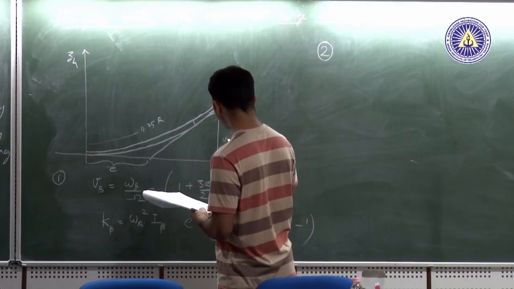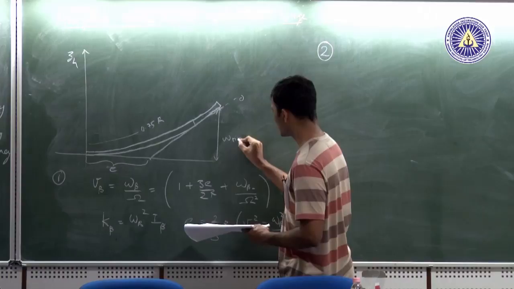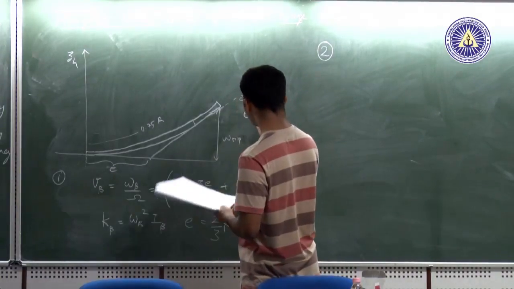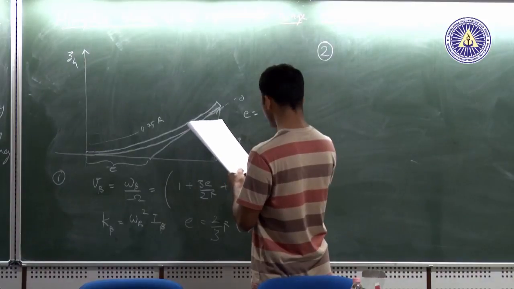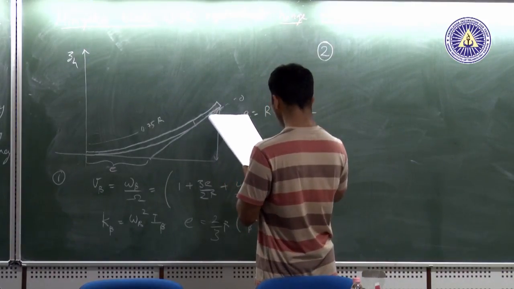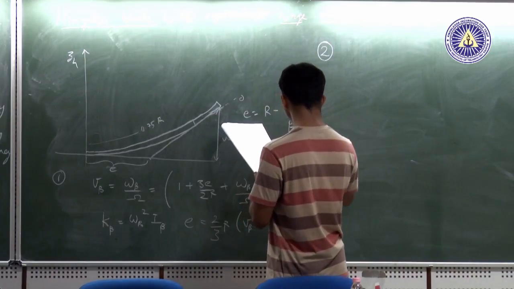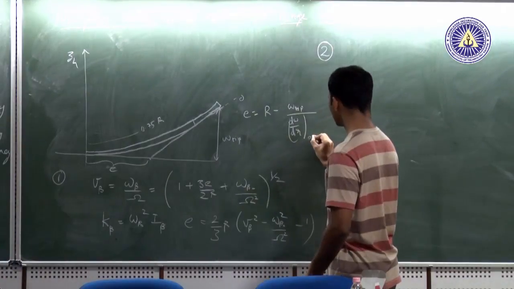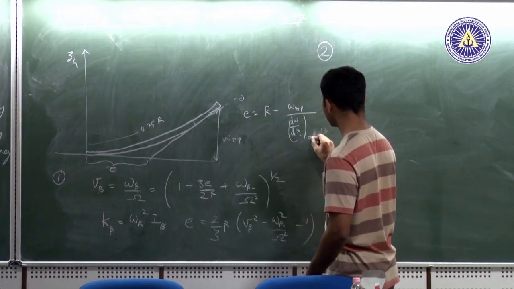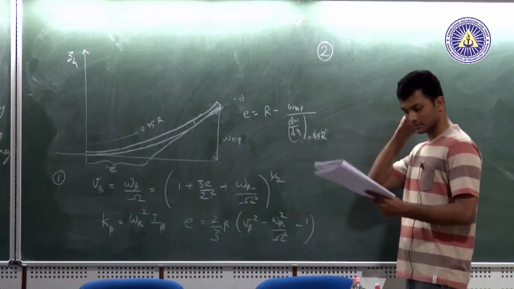This is my W tip, this is my maximum deflection at the tip, and then E would be given as R minus W tip by dW by dr evaluated at 0.75 R. Okay.